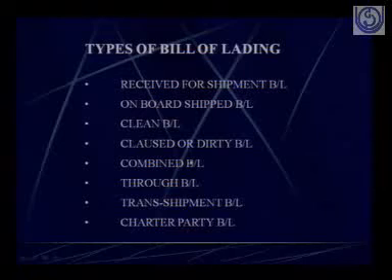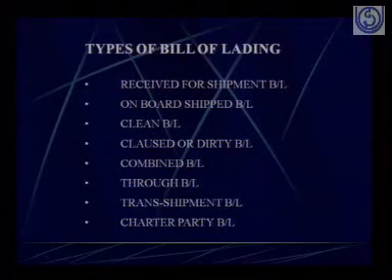Then your combined bill of lading. Under the combined bill of lading, sometimes what happens, your goods may be traveling through rail, road, air, ship, etc. Now when the goods are traveling through more than one mode of transport, in that case combined bill of lading is being used for all the transport.